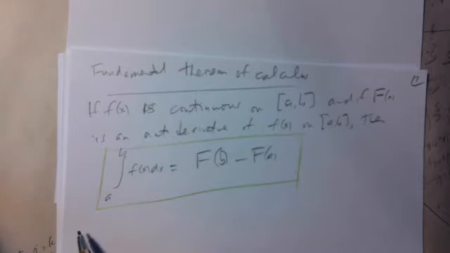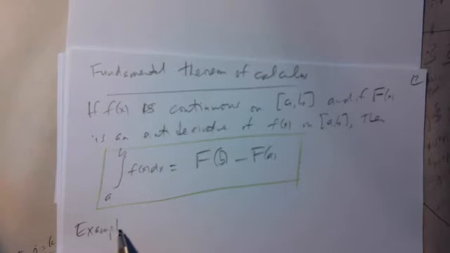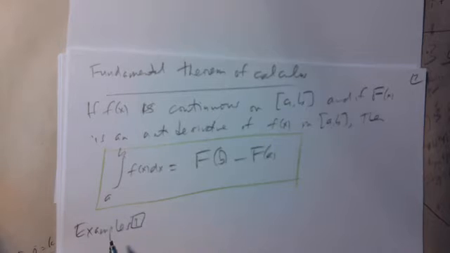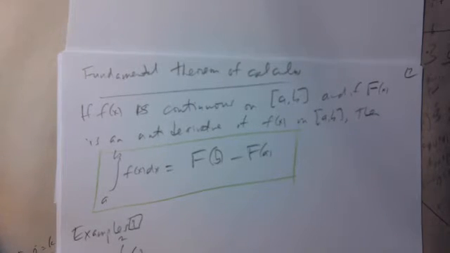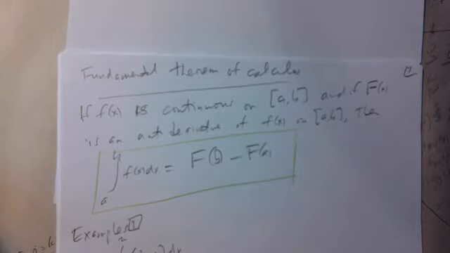So let's do some examples of using the fundamental theorem. This is example 1 in the text. And the first of the examples is to calculate the integral from 1 to 2 of x squared minus 3 dx.